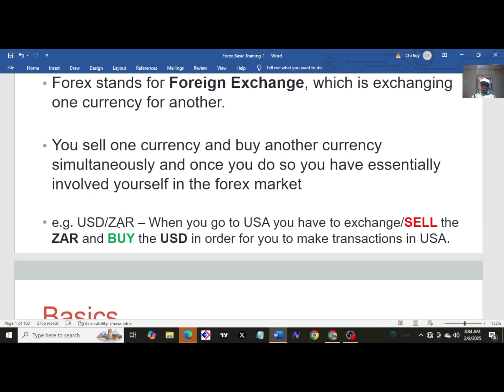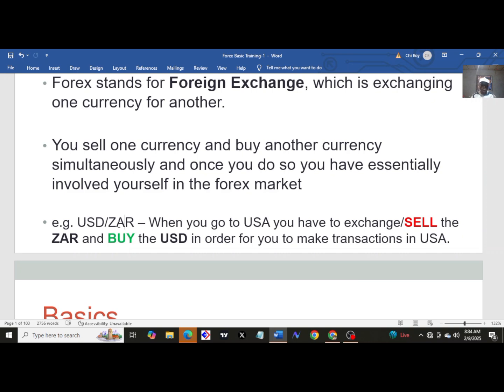So when you go to the USA, you have to exchange or sell the ZAR, the South African rand, and buy the USD, the United States dollar, in order for you to make transactions in the USA.